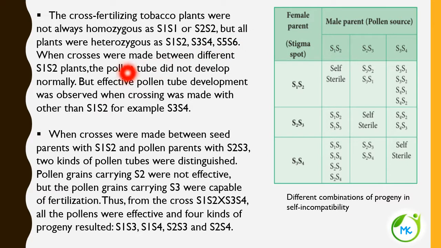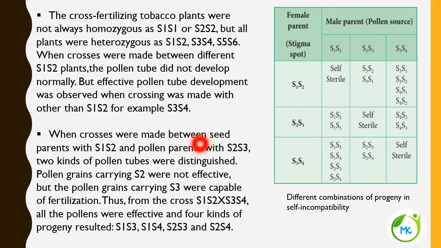So when crosses were made between different S1S1 plants, the pollen tube will not develop normally. When the cross is made between S1S2 and S1S2, it is not going to produce fertile offspring. So it is going to be sterile. But effective pollen tube development was observed when the cross is made between S1S2 and S3S4.